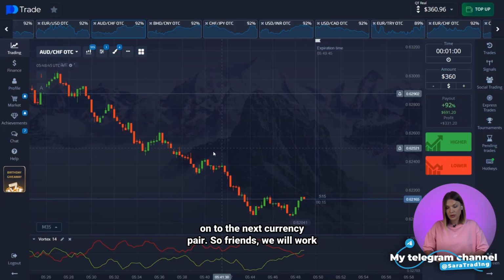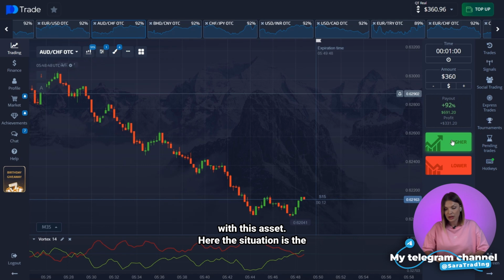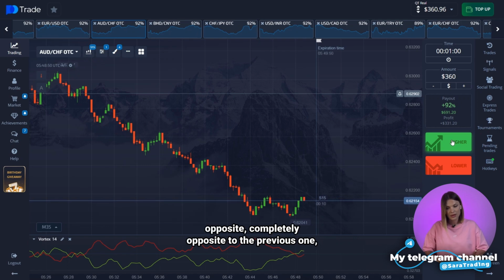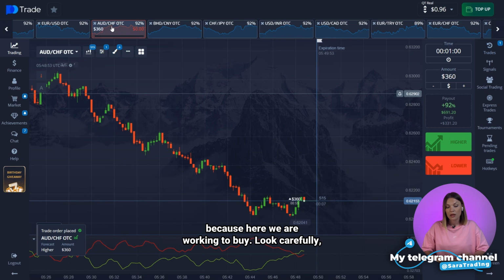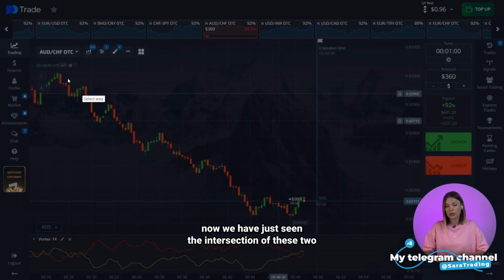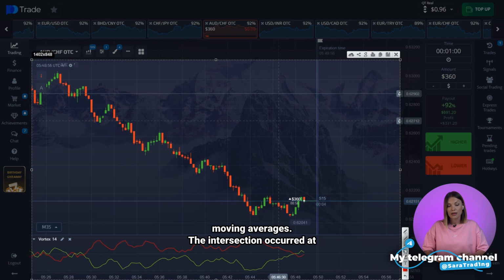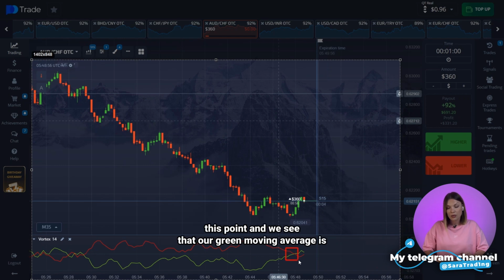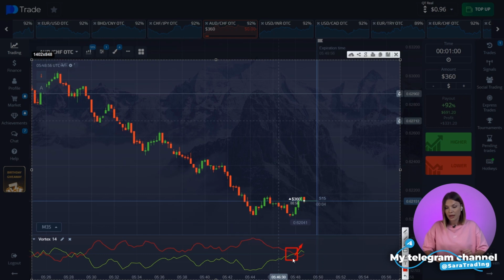So friends, we will work with this asset. Here the situation is completely opposite to the previous one, because here we are working to buy. Look carefully, now we have just seen the intersection of these two moving averages. The intersection occurred at this point, and we see that our green moving average is starting to appear on top of the red one. Accordingly, this indicates a change in trend.